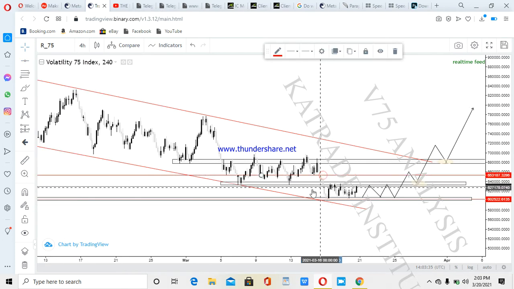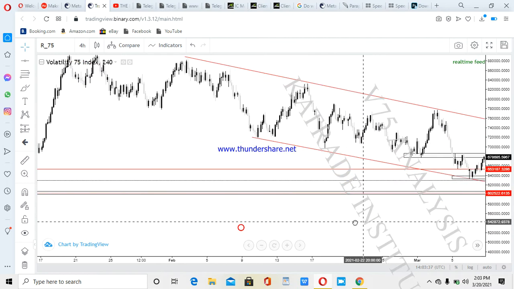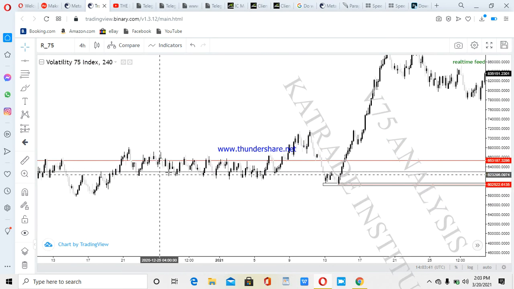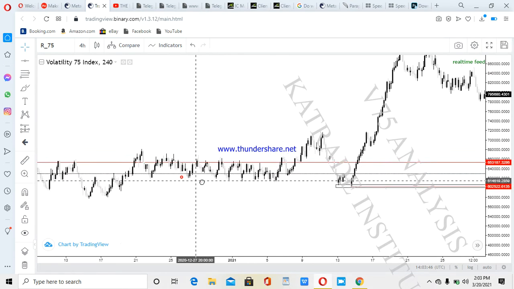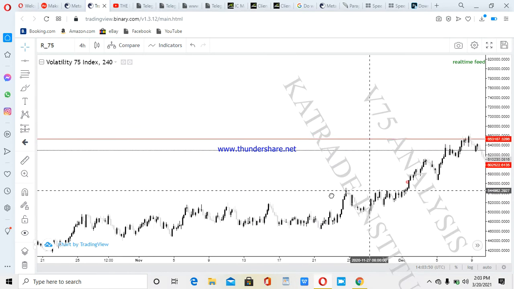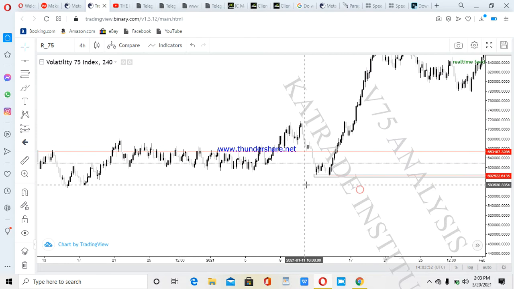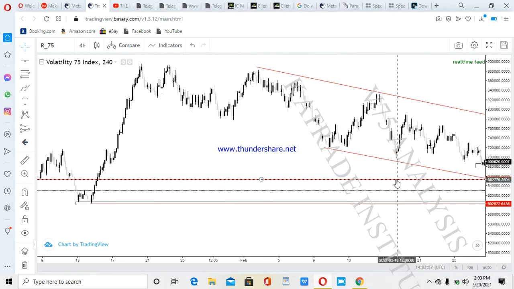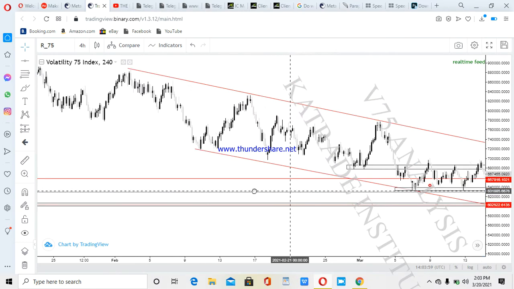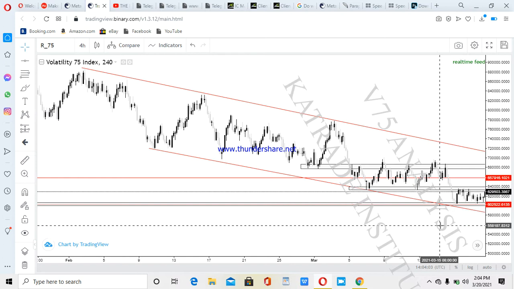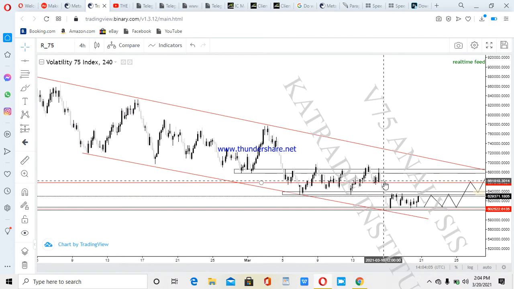We can clearly see that there are a lot of sellers sitting around the zone, because this area was serving as a very strong resistance. And after the breakout, it served as a support level. Can you see that? It served as a support zone around this level. So right after the breakout, what do you get?